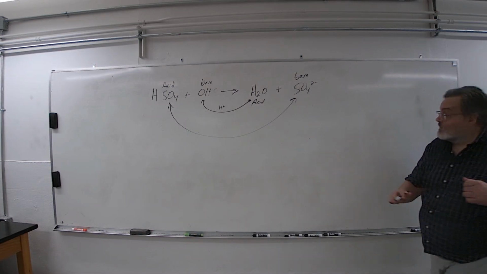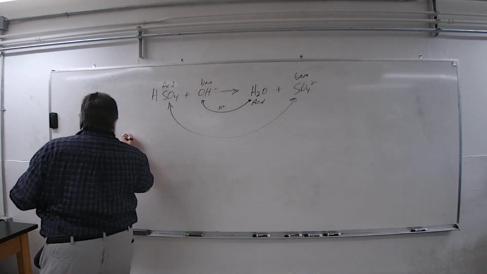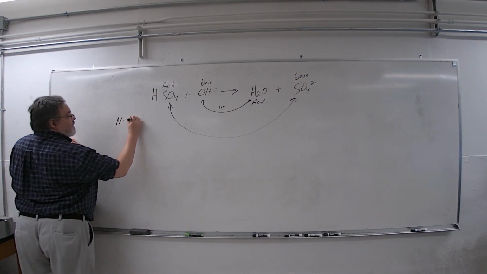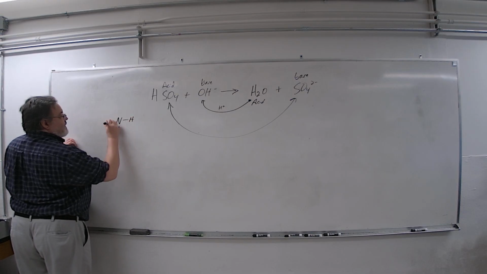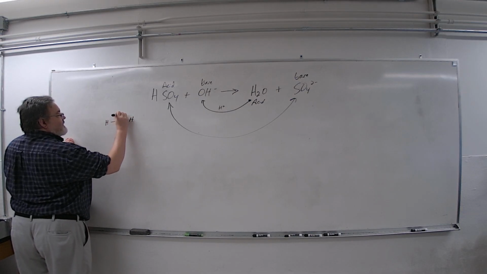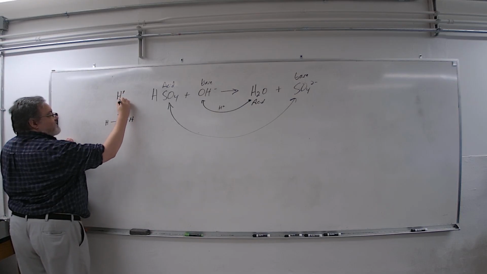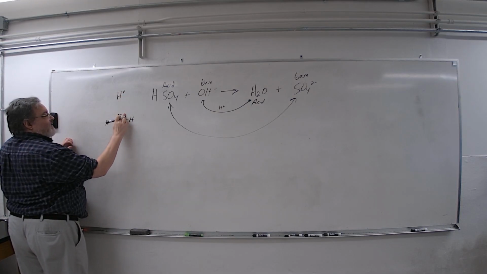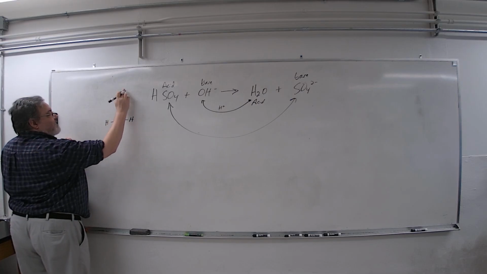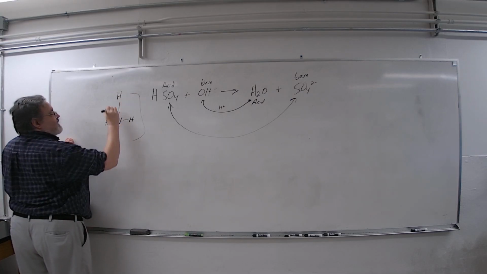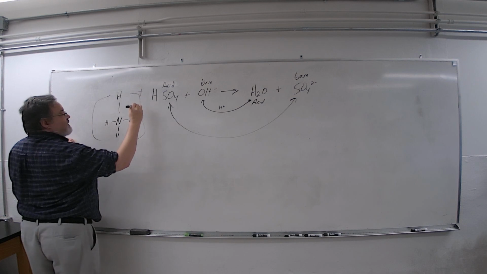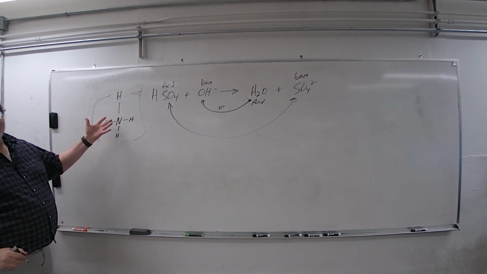That's because here's NH3. It's got that pair of electrons there. So an H plus can come along, and then that pair of electrons makes the bond, and that's how you get NH4 plus. But there's no more pairs of electrons.